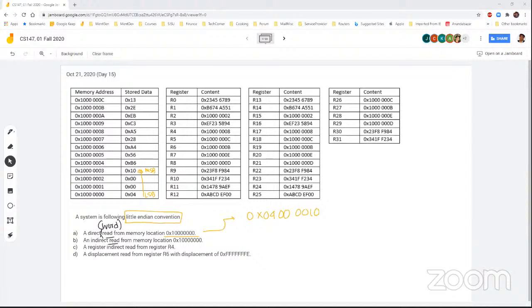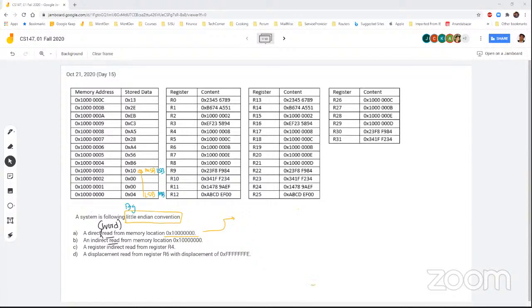On the other hand, if it was a big Endian, this would be treated as the LSB, and this byte would be treated as the MSB. So in that case, my answer would become, hey, I just made this one the LSB. Little Endian, this color.